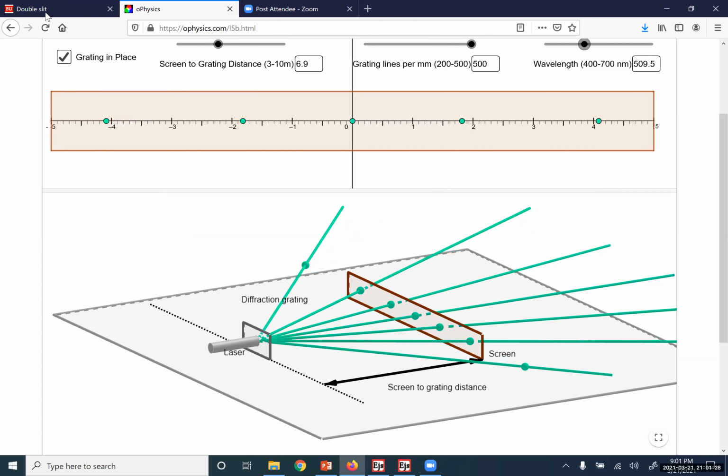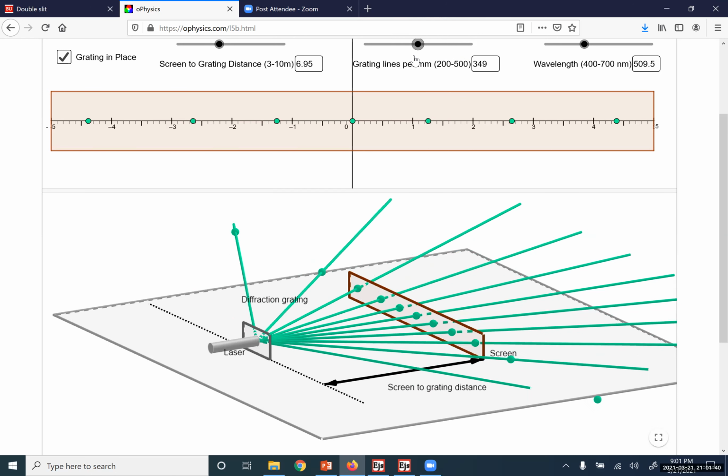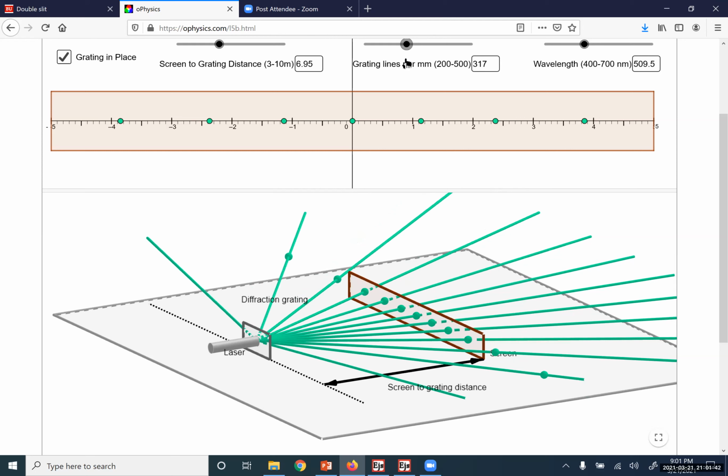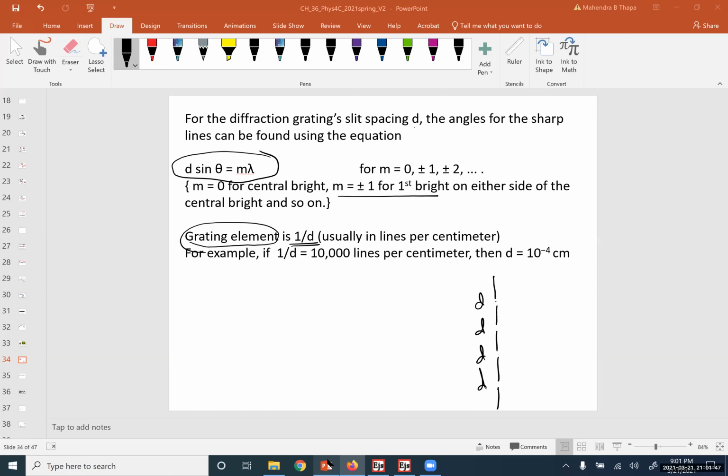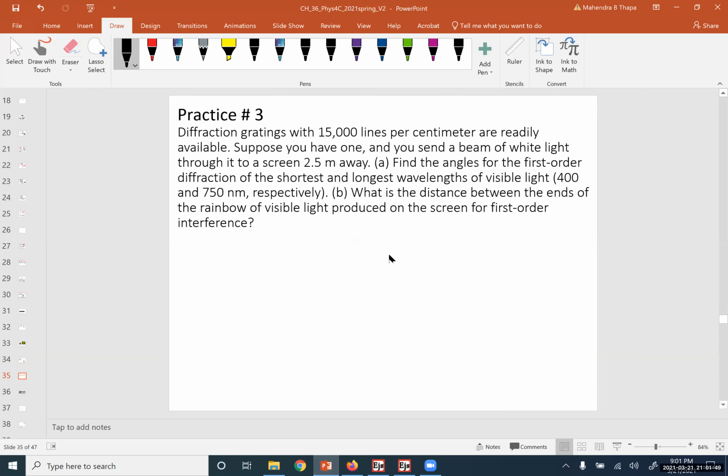We can also change the distance between the slit and the grating, and this number also affects how we get the fringes. So if you understand up to this point, you can solve this problem. This problem is related to diffraction grating, and I believe you will do it.